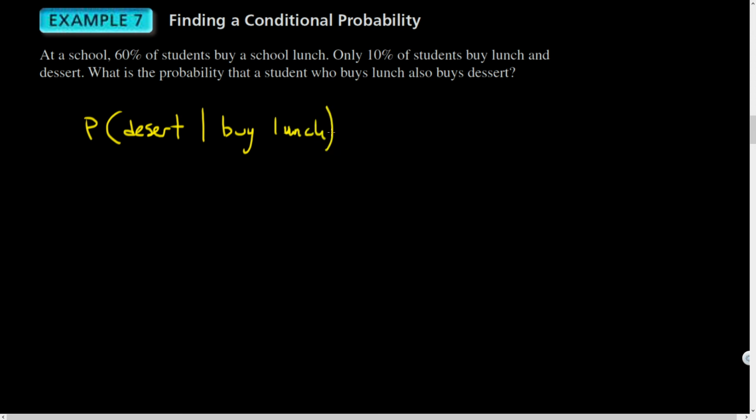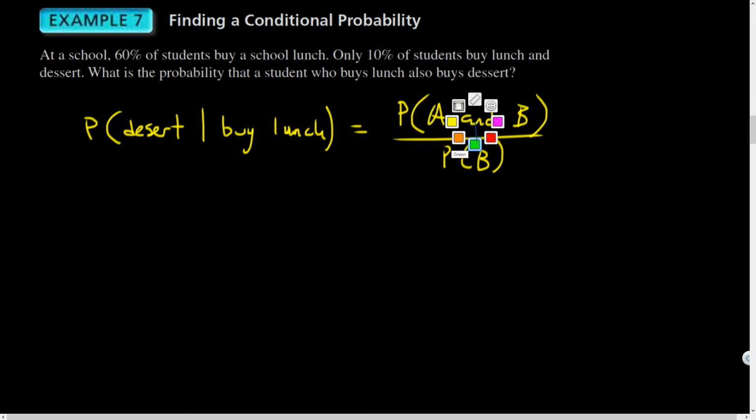One way to figure that out is the probability of A and B divided by the probability of B. What do I know? The probability of someone buying lunch and dessert, they had already given us, that's the 10%. So my numerator is 0.1.